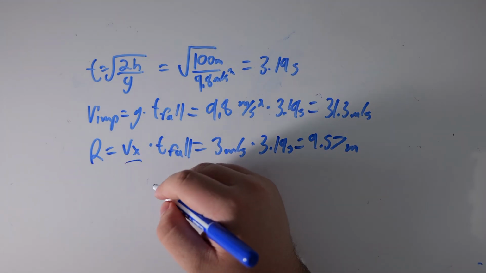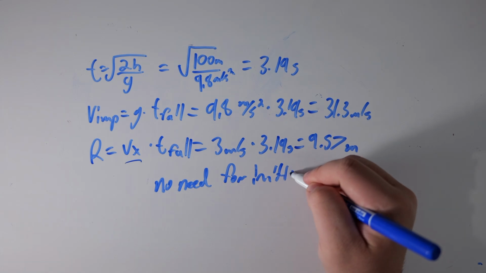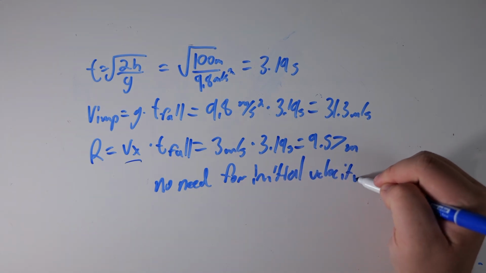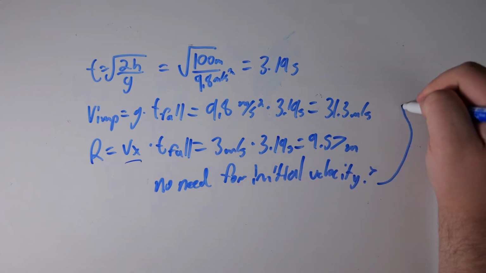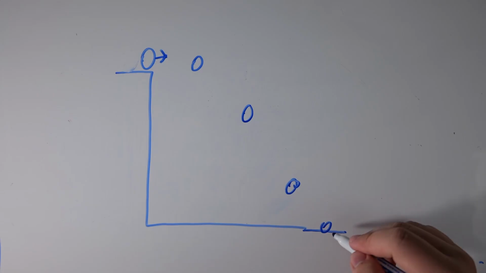Do you notice that the time to hit the ground and the vertical impact speed did not require the running speed of the individual? That's because objects fall at the same rate of 9.8 meters per second squared on Earth.